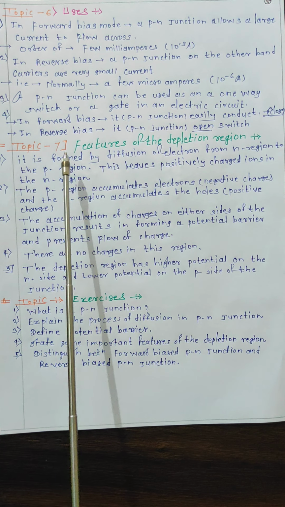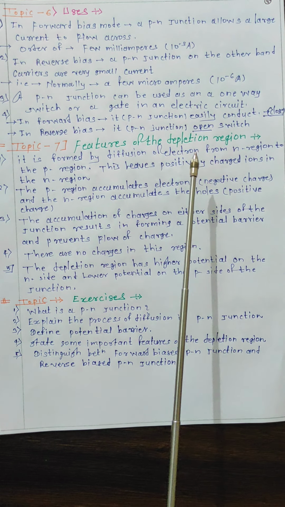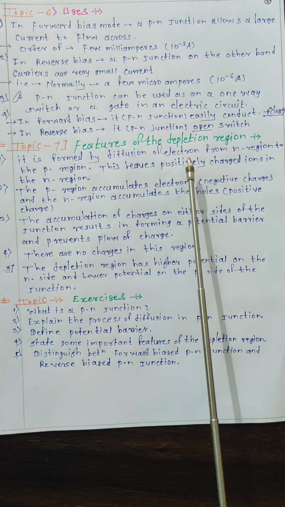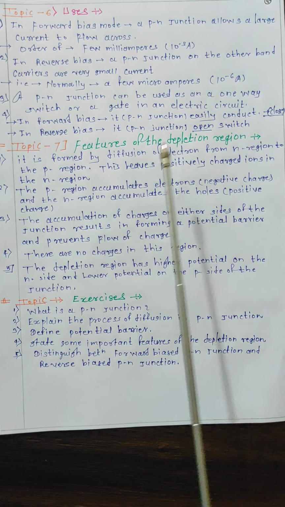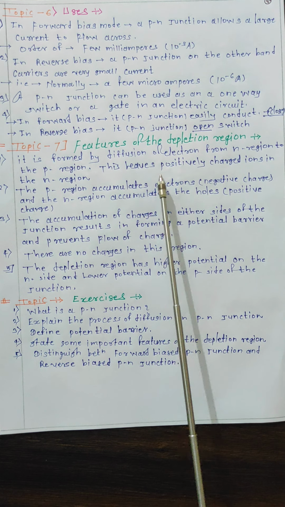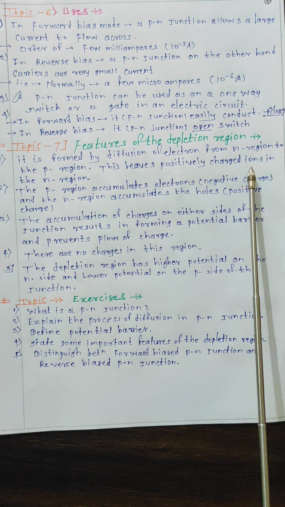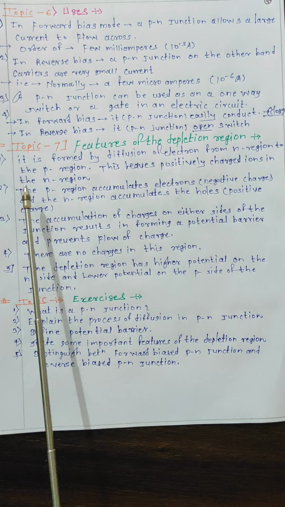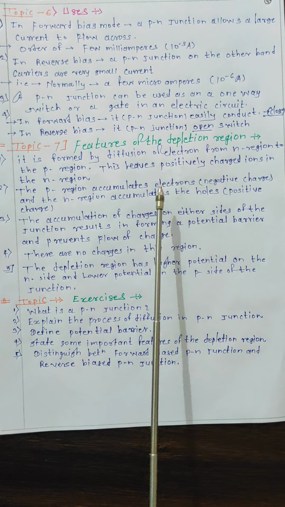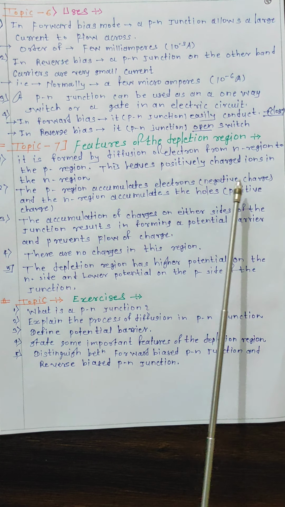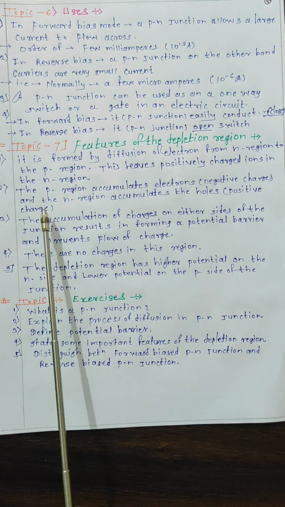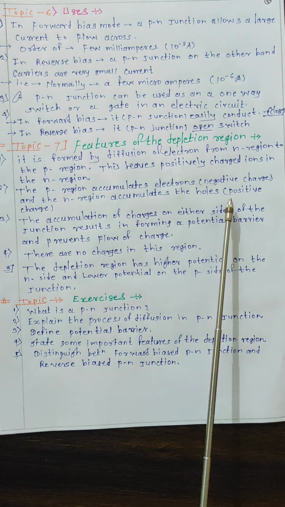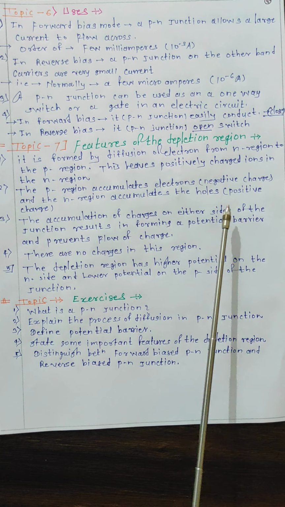Next, some features of the depletion region. First, it is formed by diffusion of electrons from the N region to the P region. This leaves positively charged ions in the N region. The P region accumulates electrons, that is negative charge, and the N region accumulates holes, that is positive charge.